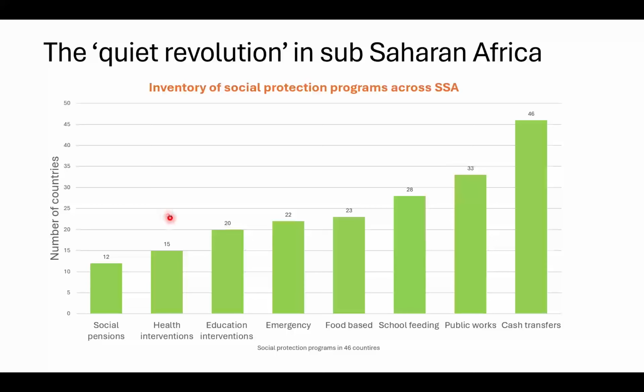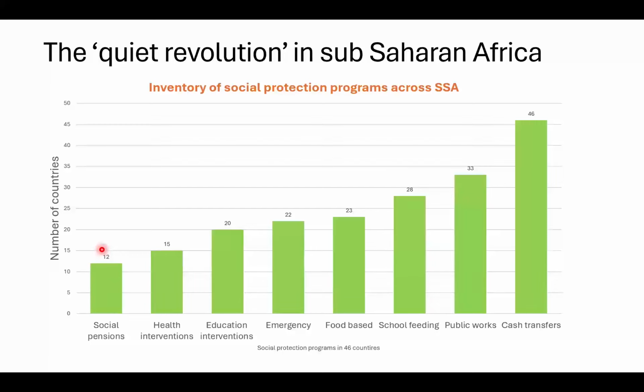In terms of budget, the big budget in terms of social protection is on social pensions. The reason is that the richer countries, South Africa, Namibia, Botswana, Lesotho, Mauritius, have very large social pensions that are universal. So if you actually break down the spending in social protection in the region, the number one item is social pensions, even though it's just 12 countries.